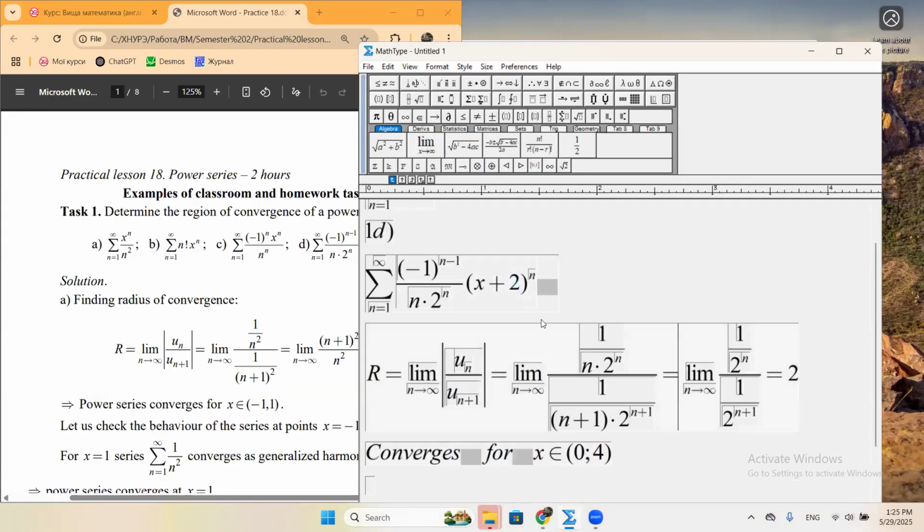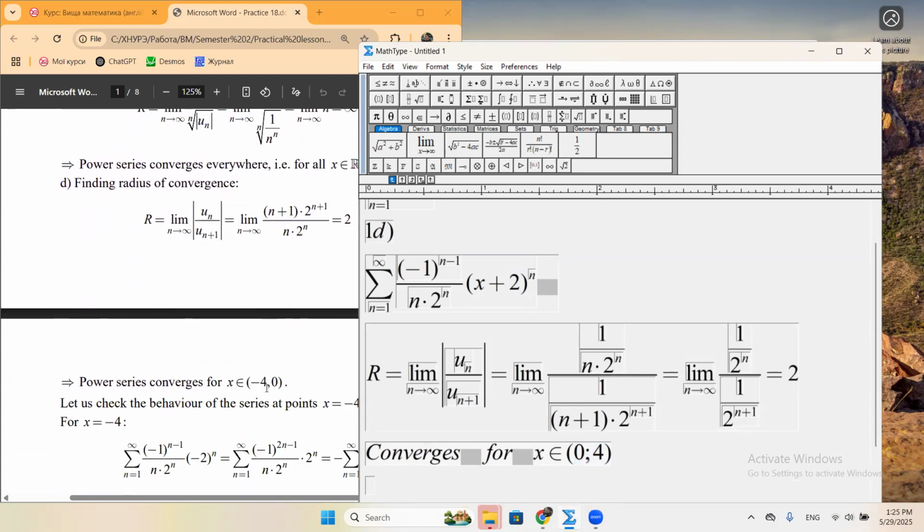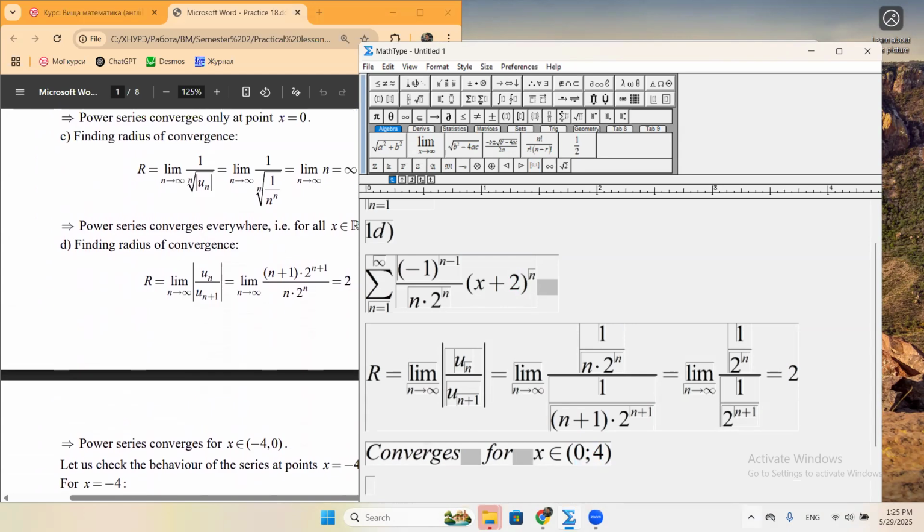If it was 0 here, the region of convergence would have been minus 2, 2, but I need to add 2 as well. Oh no, I need to subtract it, sorry. My bad, so minus 4 and 0.